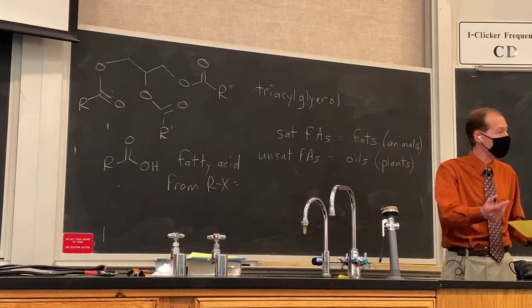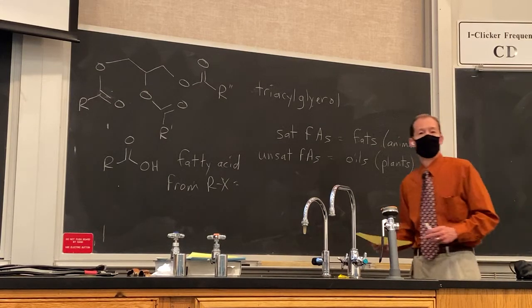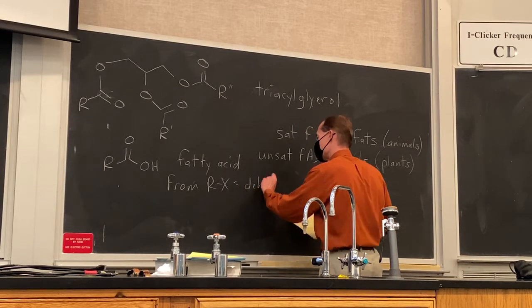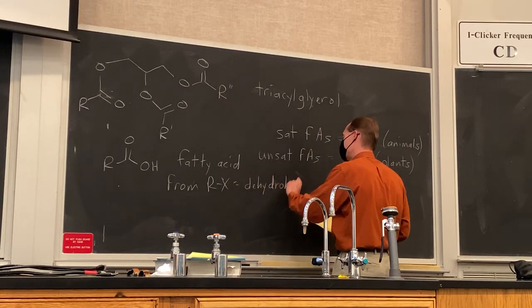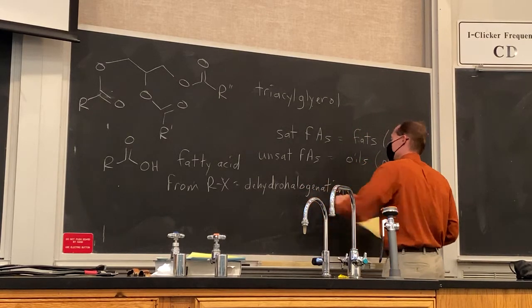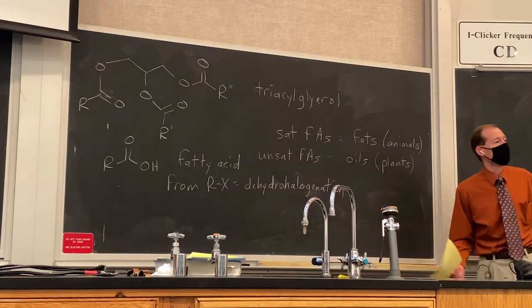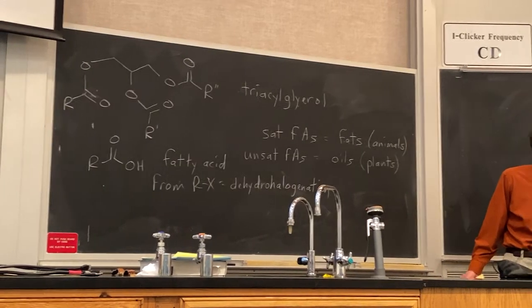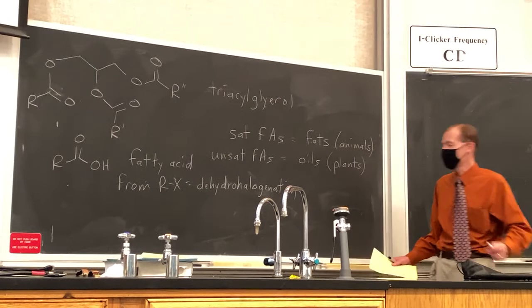Okay, it would be an elimination reaction. Good. We could call it a dehydrohalogenation. It's a specific type of elimination. And what reagent would we use to react our alkyl halide with? Okay, we'd use a strong base.